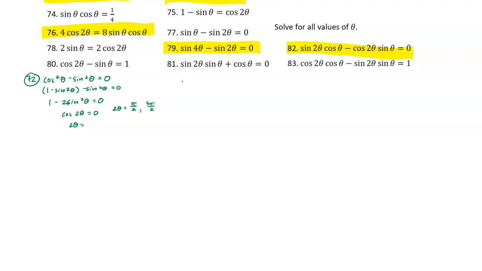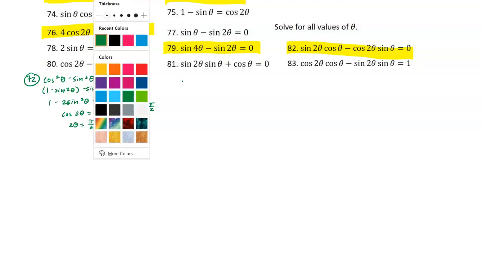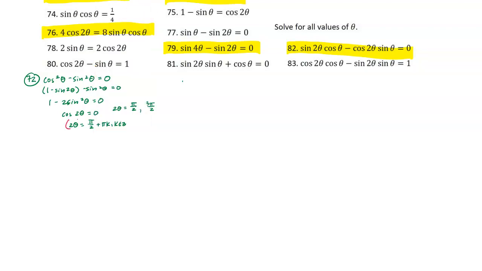So they're pi distance away from each other, so it's going to be pi halves plus pi k, k is an element of all integers. So I'm going to take the left-hand side and multiply it by 1/2, and the right-hand side by 1/2, so I get theta equals pi over 4 plus pi halves k, k is an element of all integers.